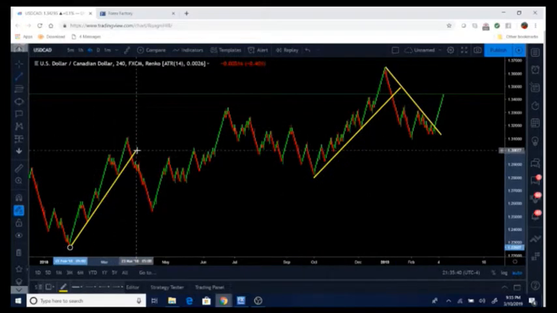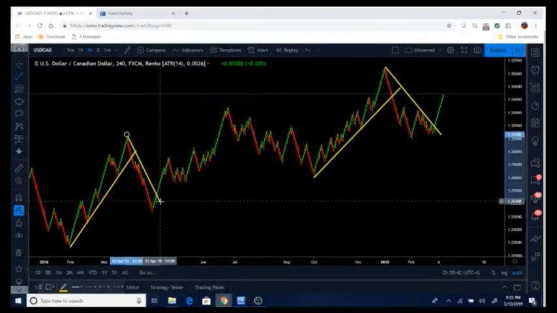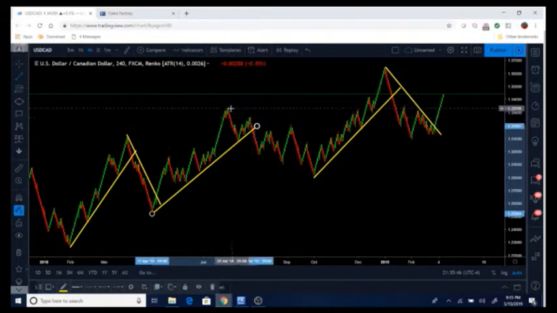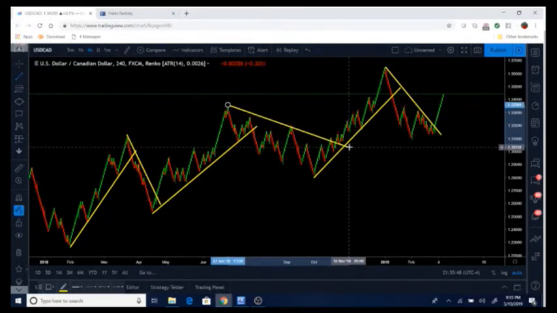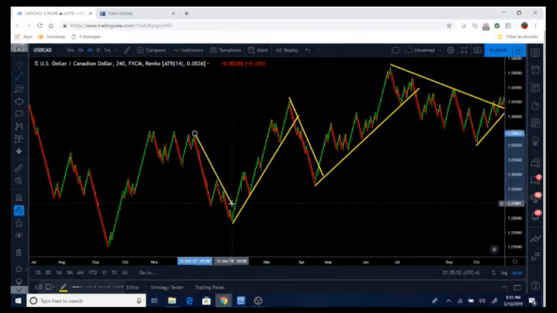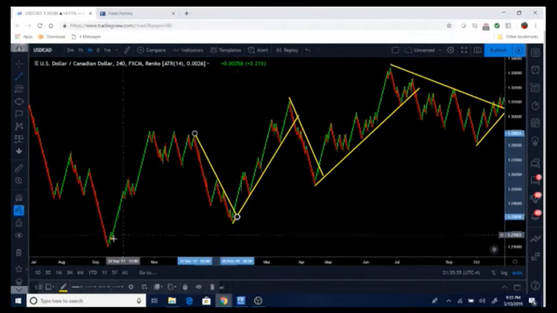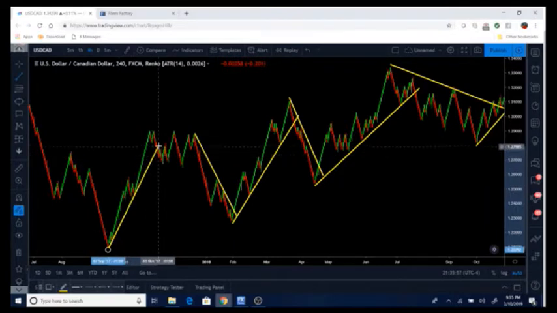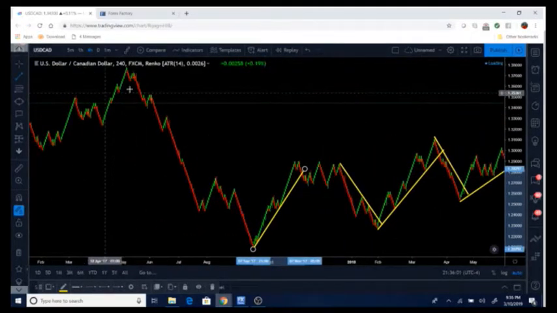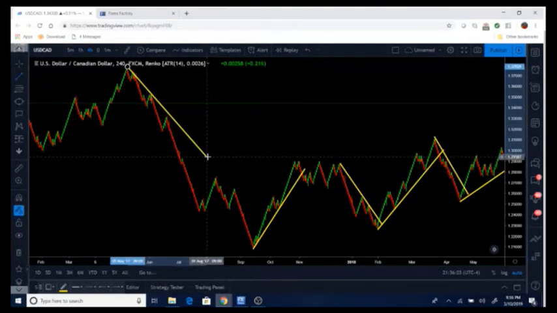This uptrend, this downtrend, this uptrend. Boom. This downtrend. Boom. Right? It's the same thing. Boom. That uptrend. Boom. This big downtrend right here.